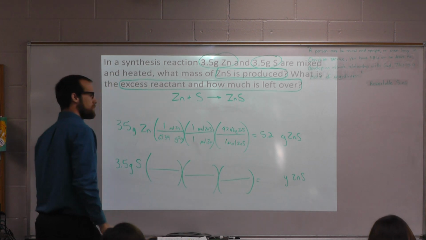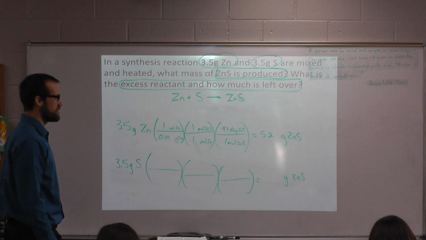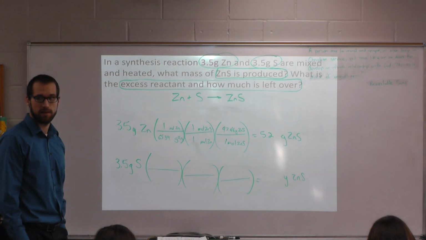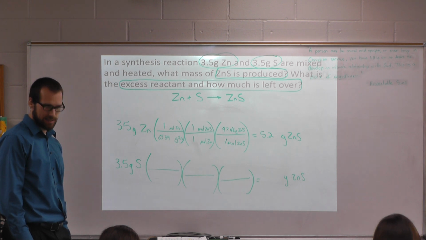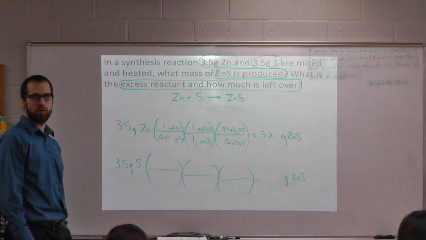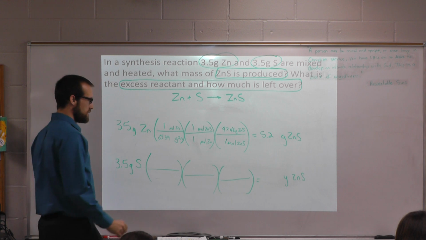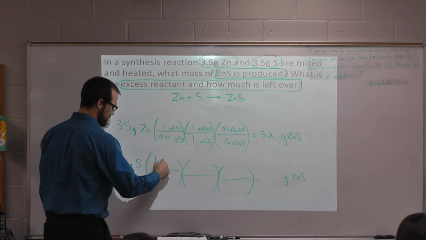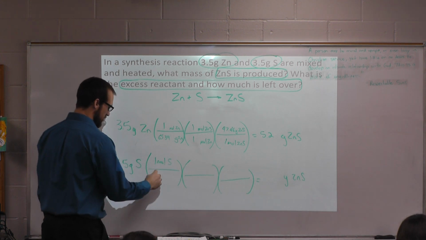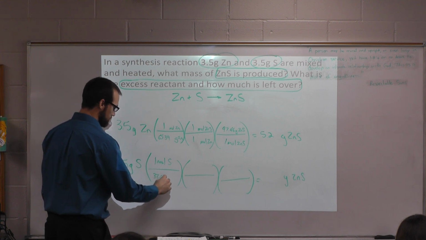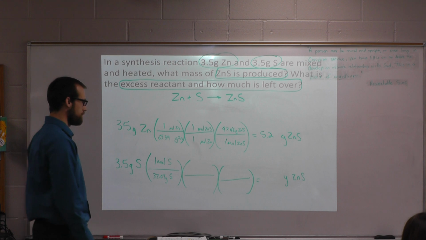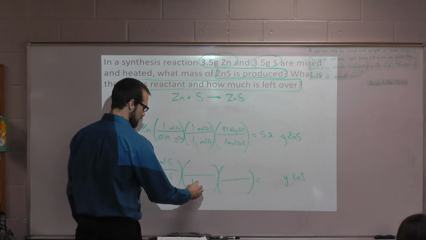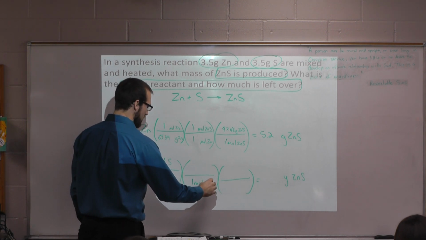Okay. We're going to do the same thing for the sulfur. It is a lot of work, but good thing we've been doing this quite a bit lately, so it should be getting more second nature to us. Sulfur 32.07. Now let me give you a little hint.